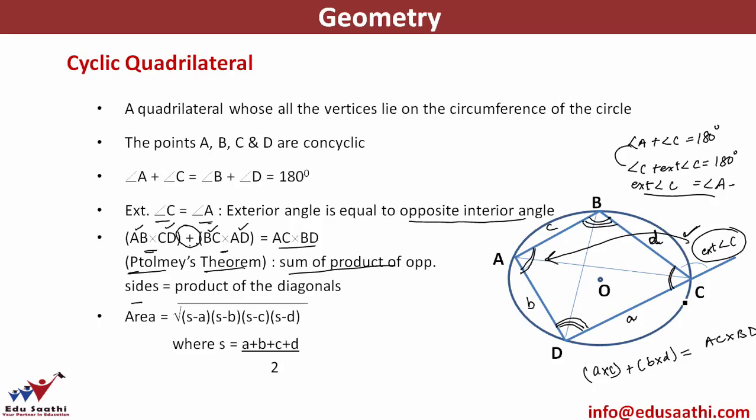To find out the area of a cyclic quadrilateral, I'll extend Heron's theorem, and the formula that I get is square root of S minus A into S minus B into S minus C into S minus D, where S is the semi-perimeter and is calculated as the sum of all the sides divided by 2.